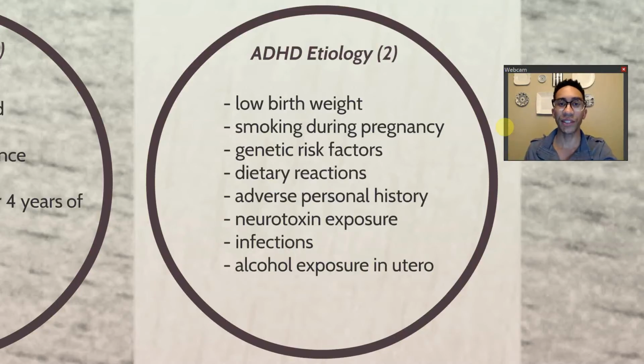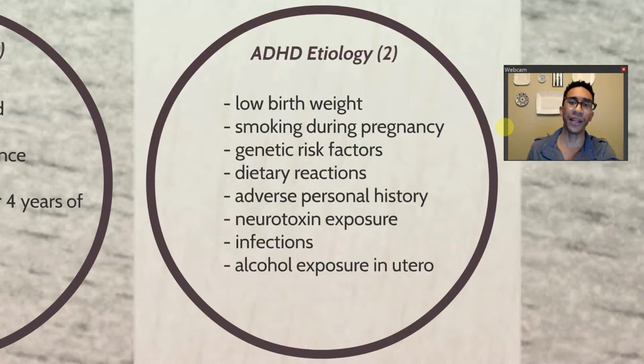Genetic risk factors: if your parents have it, then you're more likely to have it. Dietary reactions, so it could be whatever the child is eating. Some people have bad reactions when they eat gluten, and they get really tired after that. So there's a number of things that someone needs to consider when they're looking at the child's behavior. It's a holistic way of looking at the child. So this etiology framework is really great. There's a lot that you can do with it.